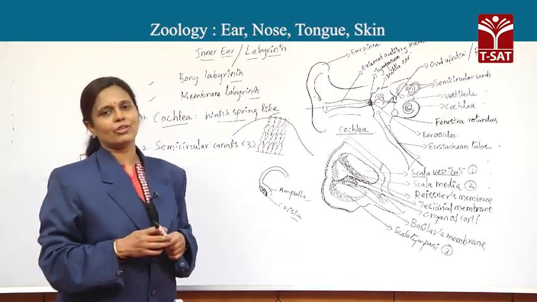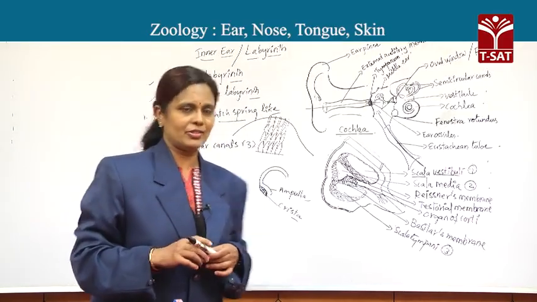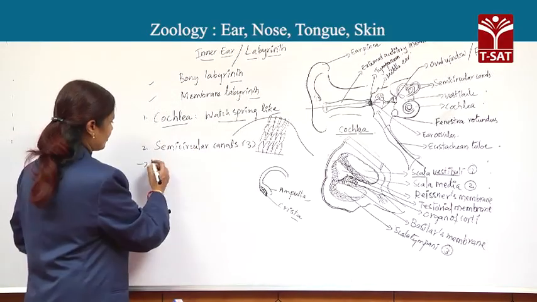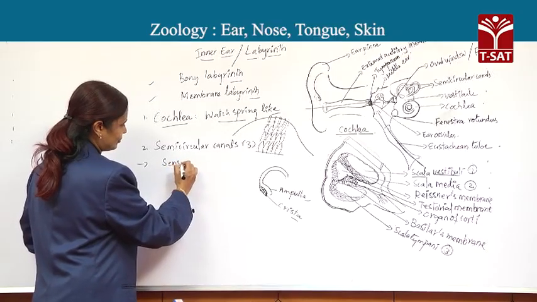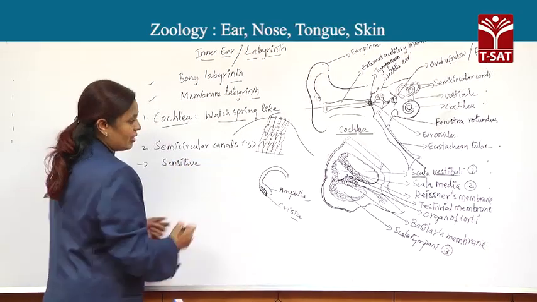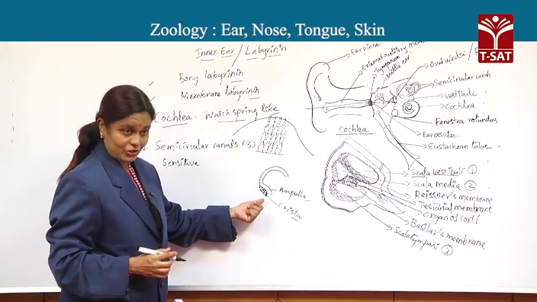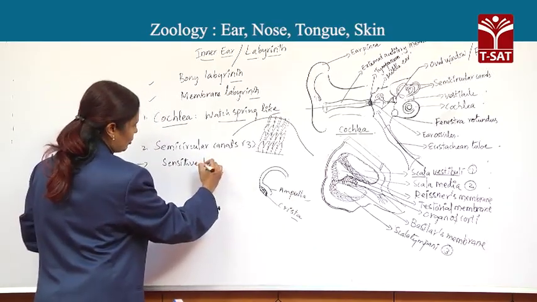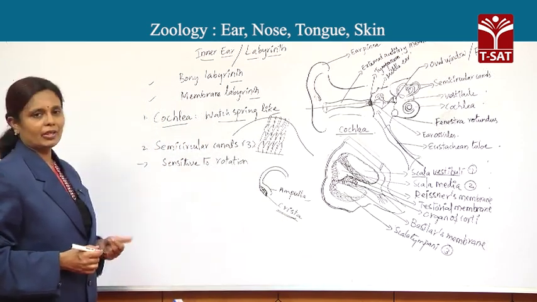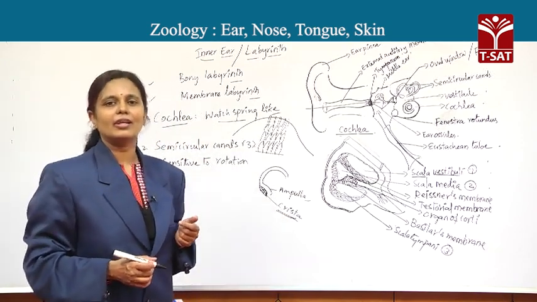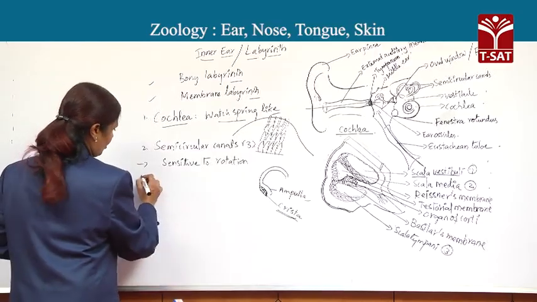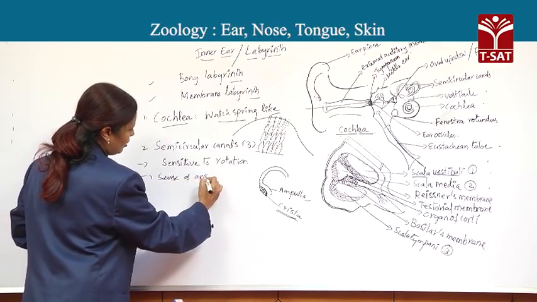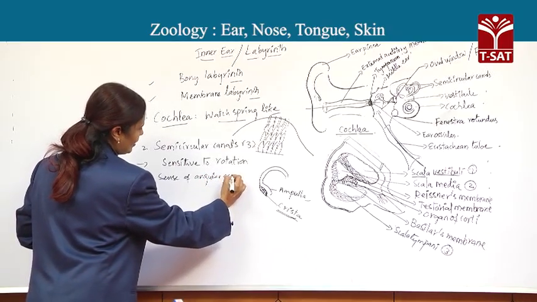Then, what is the function of this cristae ampullaris? They are sensitive to rotation. The cristae, the sensory ridges present inside the ampullae, are sensitive to rotation and provide a sense of angular acceleration.